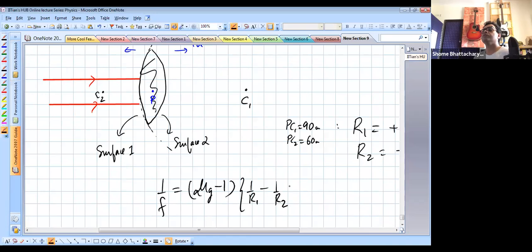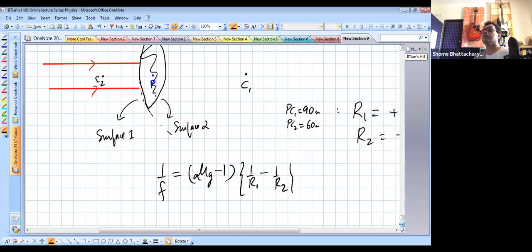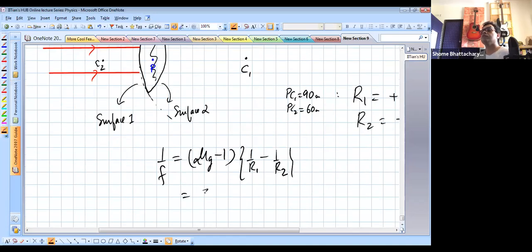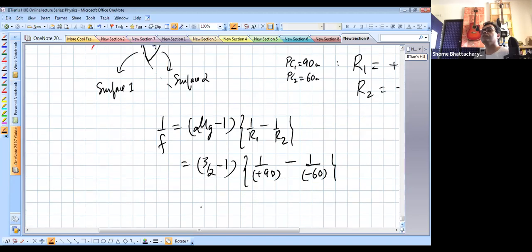Let us substitute with the proper sign convention. This becomes 3 by 2, or 1.5, minus 1, into 1 by R1, which with proper sign is plus 90, minus 1 by R2, which with proper sign is minus 60. Next you take the LCM and all that, and you see.